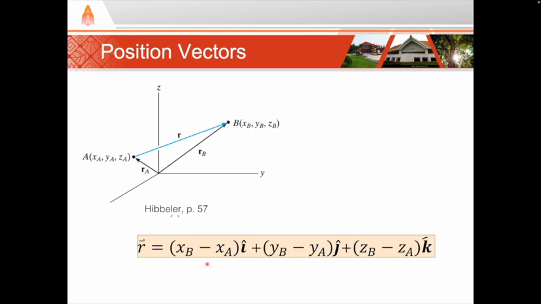So the x coordinates, or the x components of the vector r, is found by subtracting the x coordinates of point A from the x coordinates of point B, and so on.